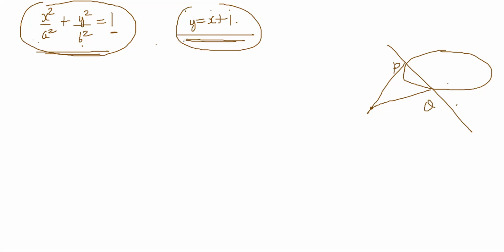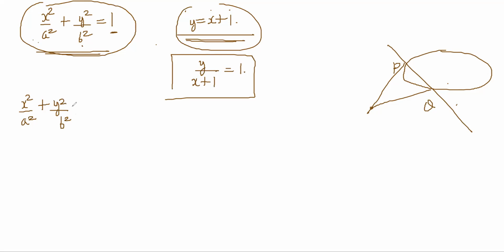So what I'm going to do now is, how can I make this a homogeneous equation? So what I will do is y by x plus 1 is equal to 1. And I will say x square by a square plus y square by b square is equal to y by x plus 1 whole square.